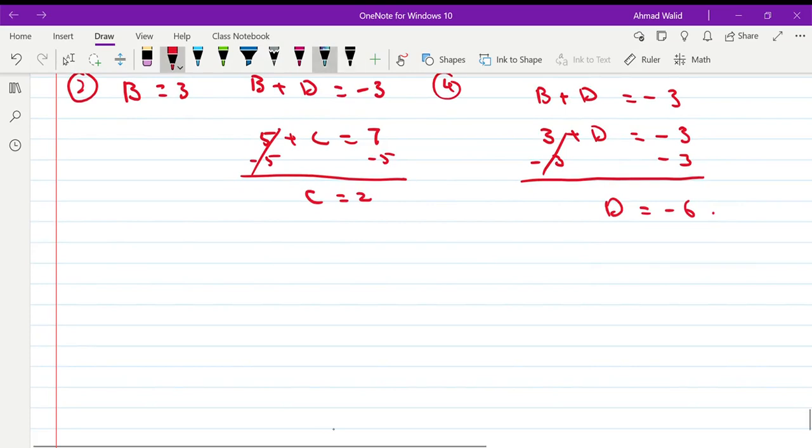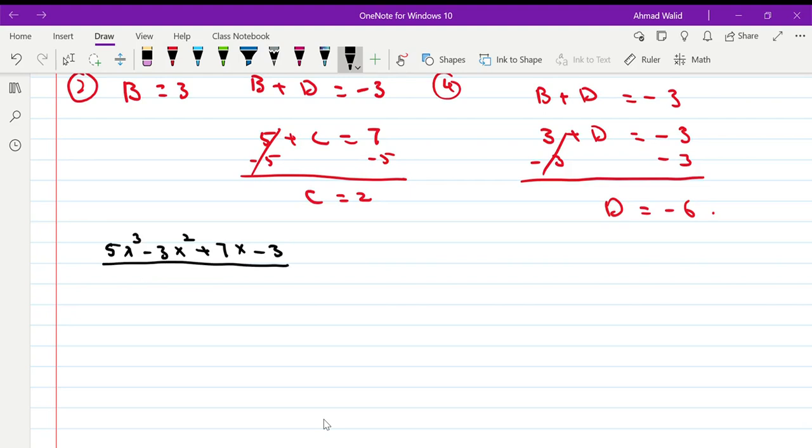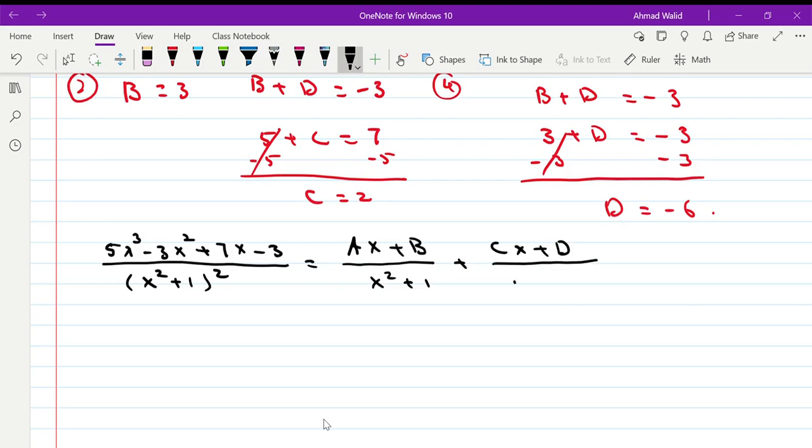Your equation in step 1 was 5x cubed minus 3x squared plus 7x minus 3 all over x squared plus 1 all square equals ax plus b over x squared plus 1 plus cx plus d over x squared plus 1 all squared.